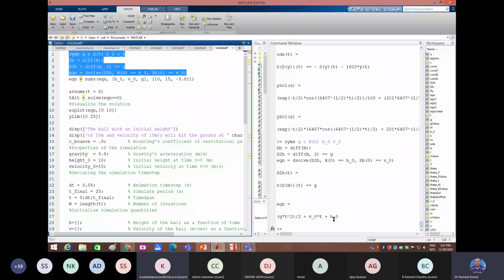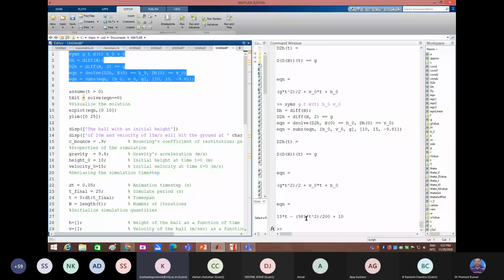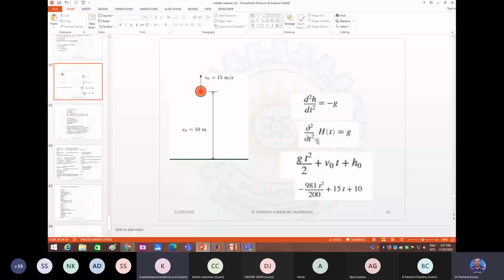And when you put the boundary conditions, you get 15t minus 9.81 t squared by 2 plus 15t plus t. If you compare this one with your given result, I think it matches. This is your answer.